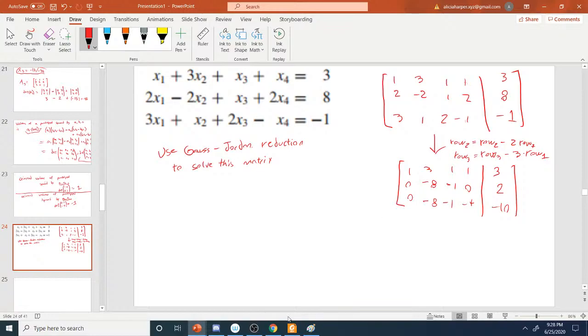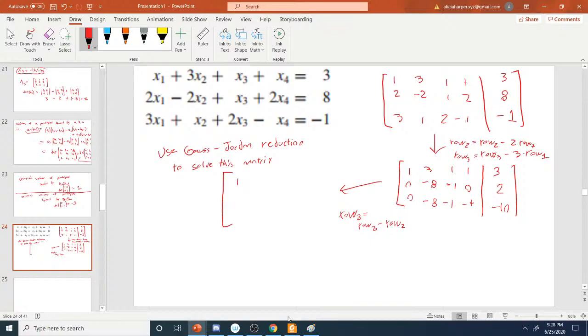So, we have this matrix. Next thing we're going to do is we're going to subtract row 2 from row 3. So we'll set row 3 here to be equal to row 3 minus row 2.